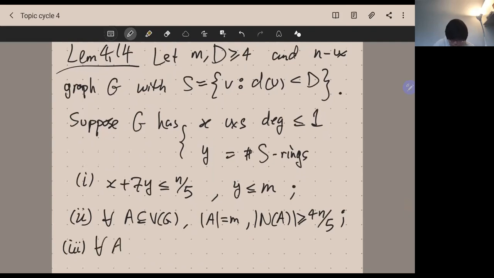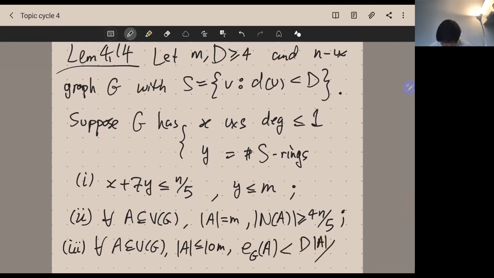For any A of size, let's say at most 10m, not too large, the number of edges induced on that subgraph, which I write E sub G of A, is at most dA over 100. So this means no dense patch, upper uniformity.